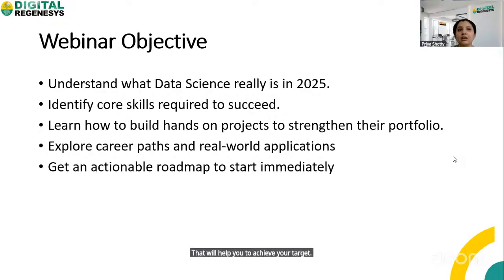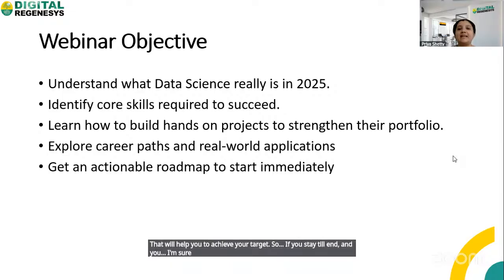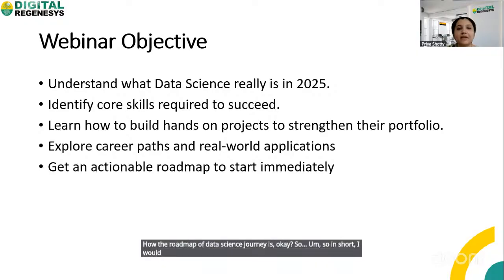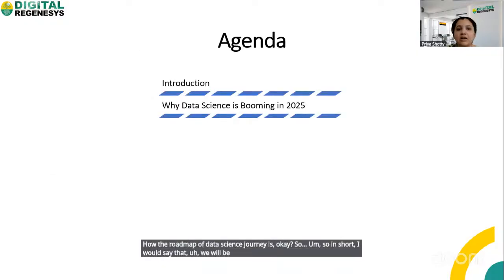So if you stay till the end, I'm sure you will have clarity on what the roadmap of the data science journey is. In short, we will have an introduction. We will understand what data science was from 2025 and how it's still growing.